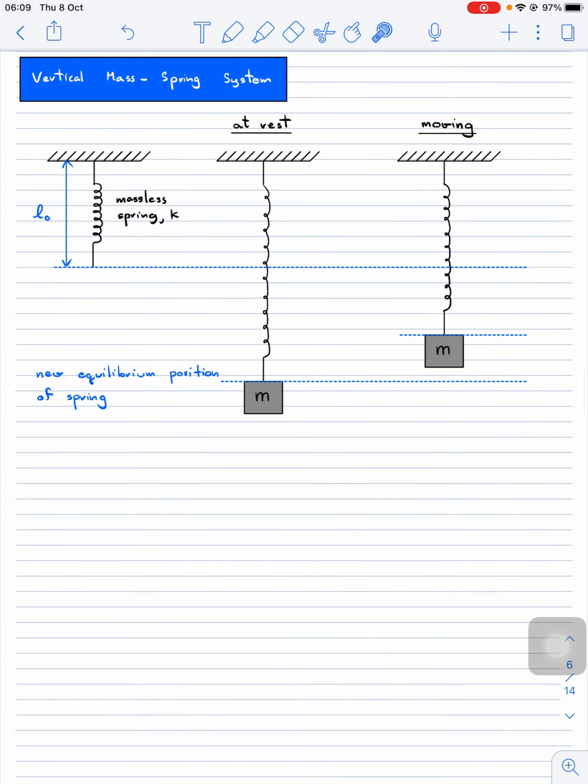So let's say that this one is the new equilibrium position of the spring when we have the mass m hanging from the spring. It means that the spring will extend from its original length by the distance equal to delta L.